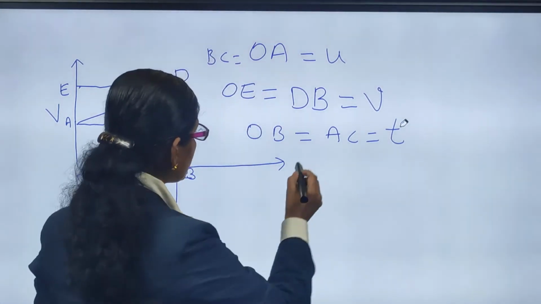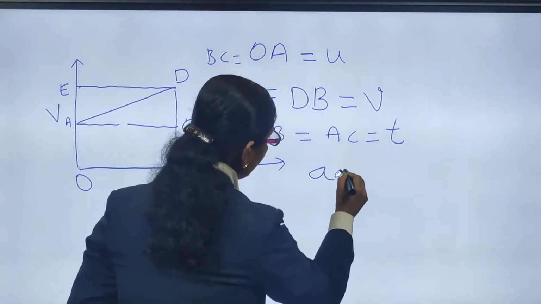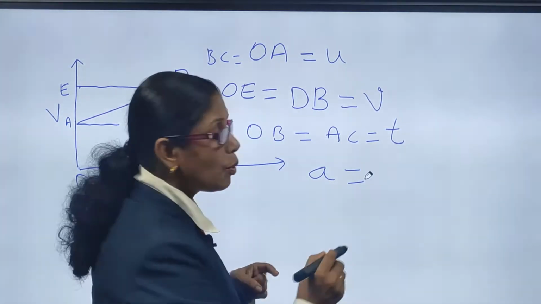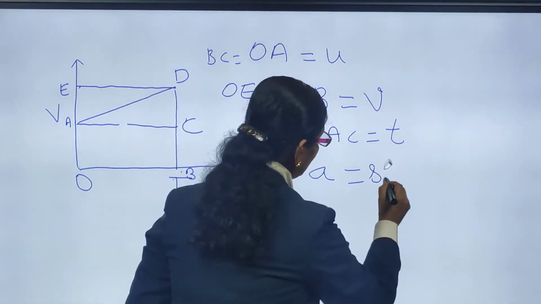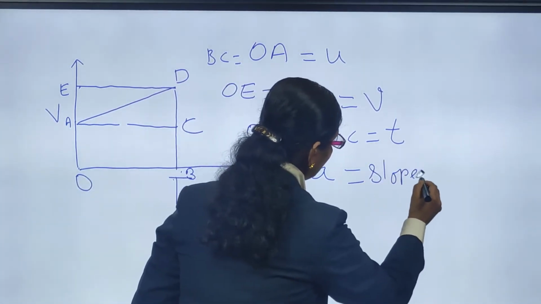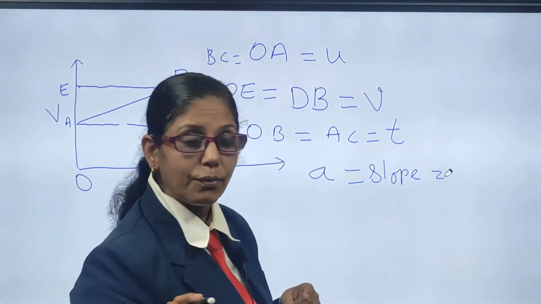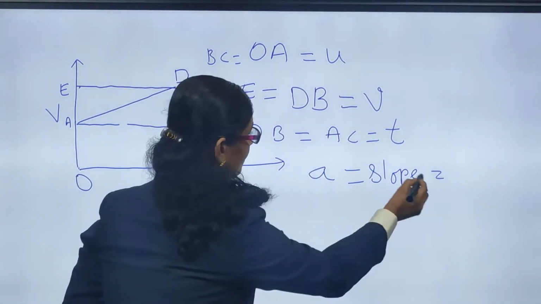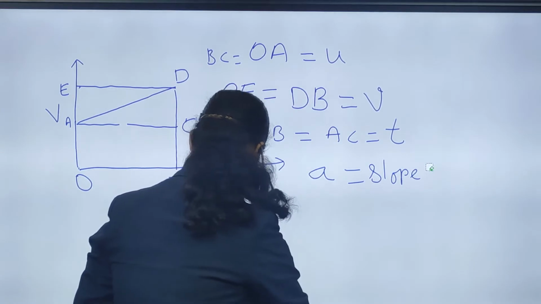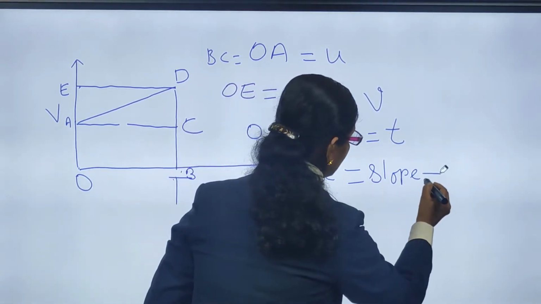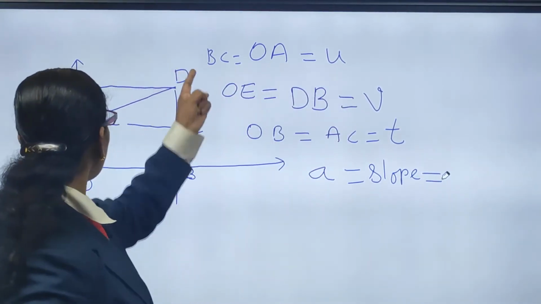So, let us represent our acceleration by A is equal to slope. From this graph, what is slope?